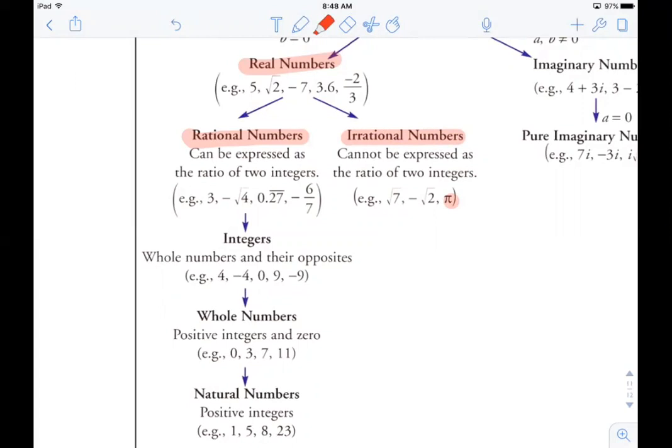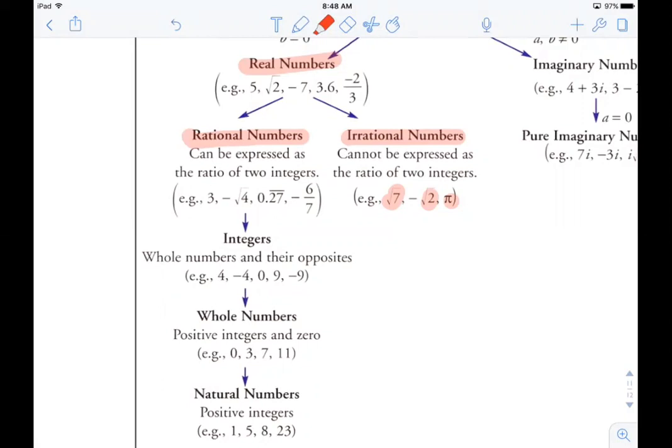And if you remember in our previous lesson, I talked about how certain square rooted values, like the square root of 2 and the square root of 7, are things that do the same sort of thing as pi. They have this random decimal expansion that goes on infinitely, which means there's no possible way to write those in any type of fractional form, and they're obviously not in the category of integers or any of those others. So they are their own separate type of number.